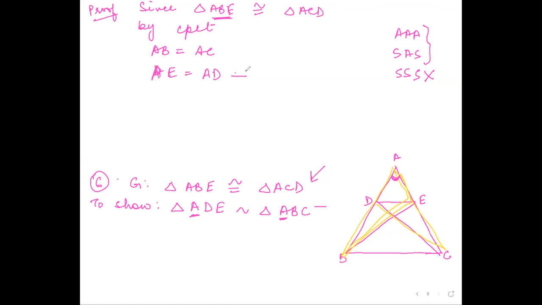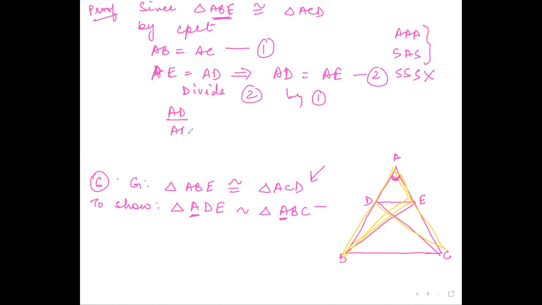Okay, now if I just flip it, that means AD is equal to AE, right? This is my 1 and this is my 2. If I divide 2 by 1, how can I write it? I write AD upon AB is equal to AE upon AC. Is that okay?